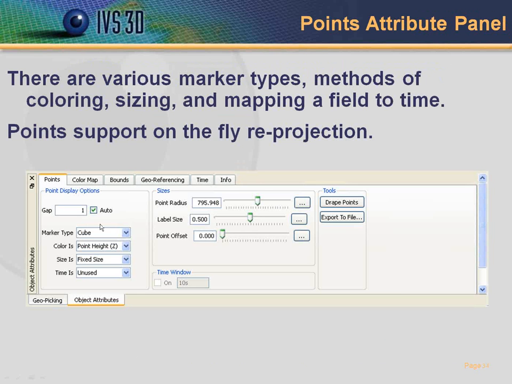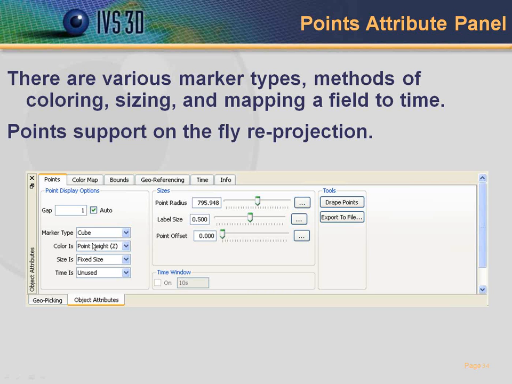You'll see again there are quite a few options for the points. Here's how you look at each point: a cube, a sphere, or just a dot, crosshairs, whatnot. There's how you choose the color. In this case, the color was chosen by mapping it to height, but you could choose color from another attribute, a fixed color, whatnot.